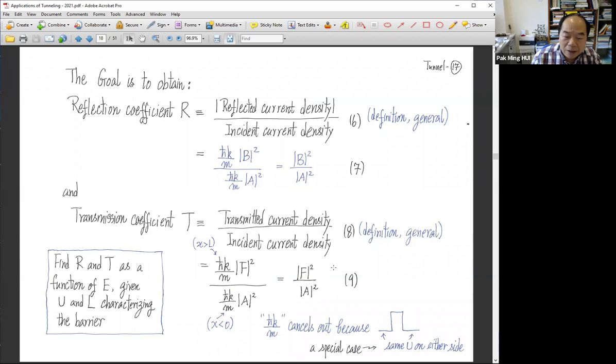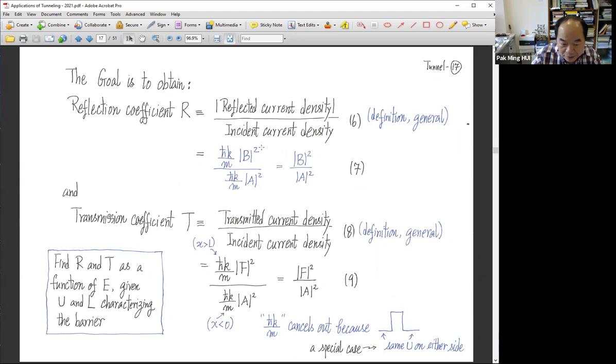So what is it that we want to get? Here is the definition. We want to get the reflection coefficient R, defined as the reflected current density, actually it's probability current density, upon the incident probability current density, okay?